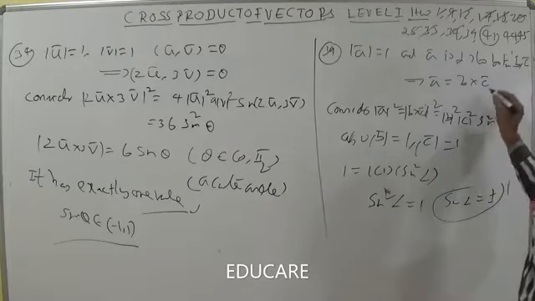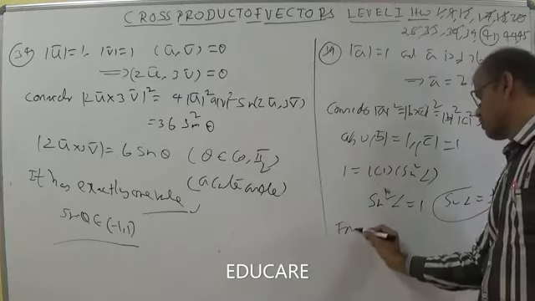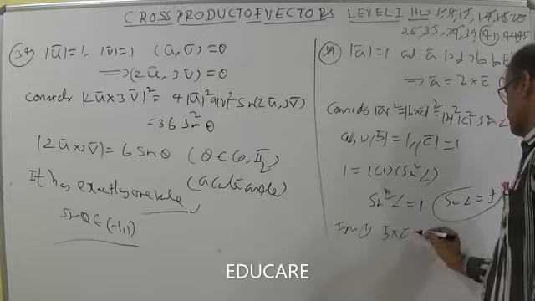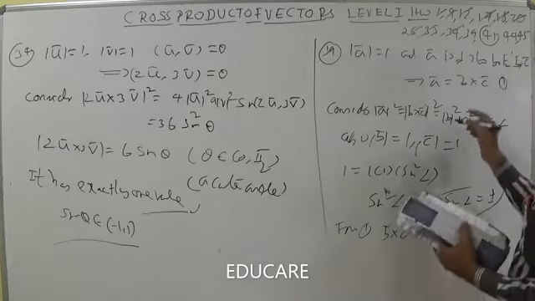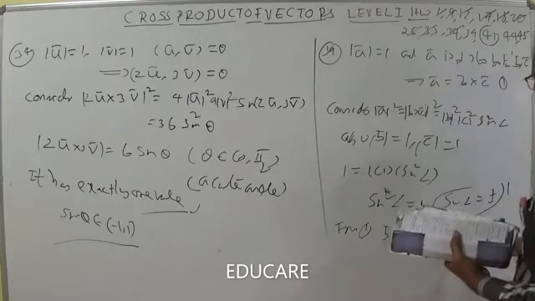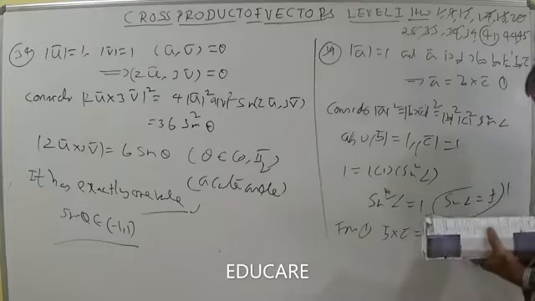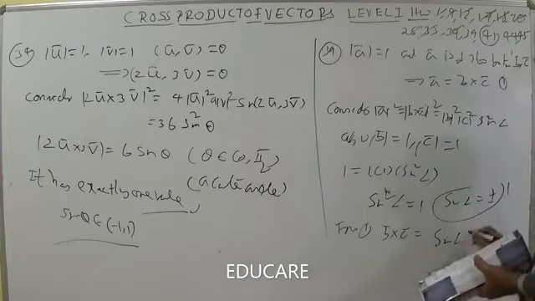B bar cross C bar. From equation 1, B cross C is equal to A. If you multiply with this A, then since we got sin alpha equal to 1, B cross C is equal to sin alpha into A.